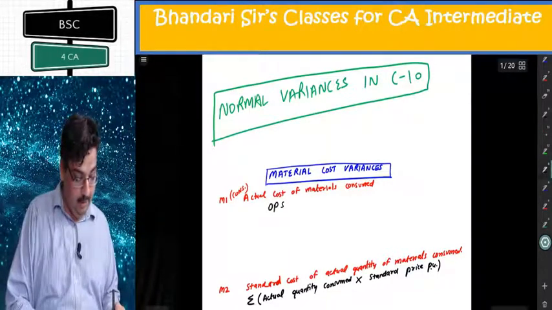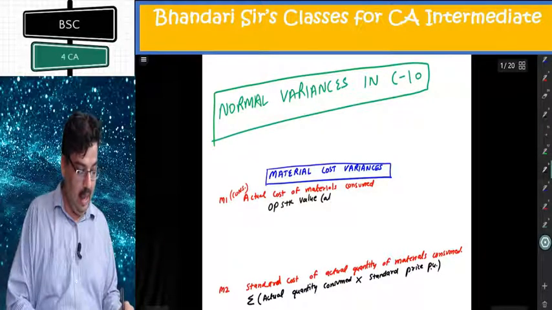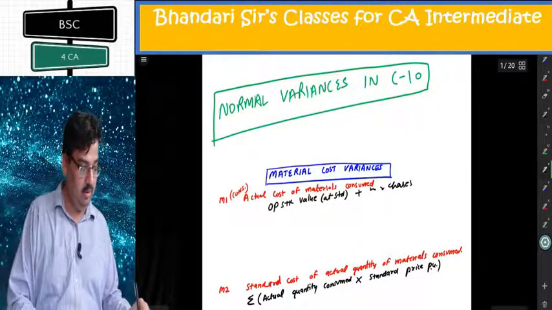This is opening stock value at standard, plus purchases, minus closing stock value.